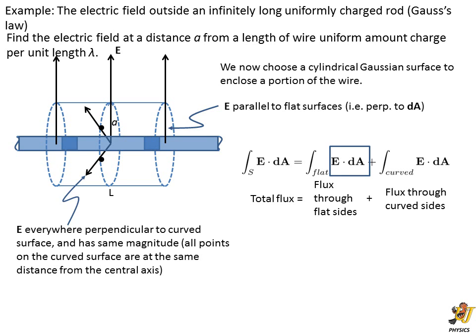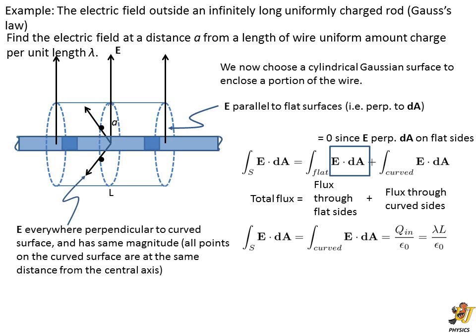However, the electric flux through the flat surfaces is zero because everywhere on the flat surface, the electric field, being perpendicular to the rod, will be parallel to the surface itself, which means that the electric field is perpendicular to an area vector constructed anywhere on the flat surface. So the integral of the electric flux over the flat surfaces will add up to zero.